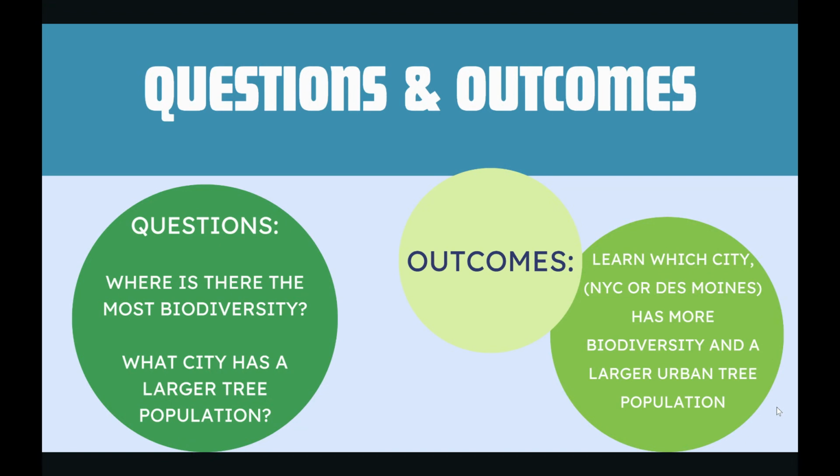So, questions and outcomes. Our questions are: where is there the most biodiversity, and what city has the largest tree population? Outcomes: learn which city, New York City or Des Moines, has more biodiversity and a larger urban tree population.